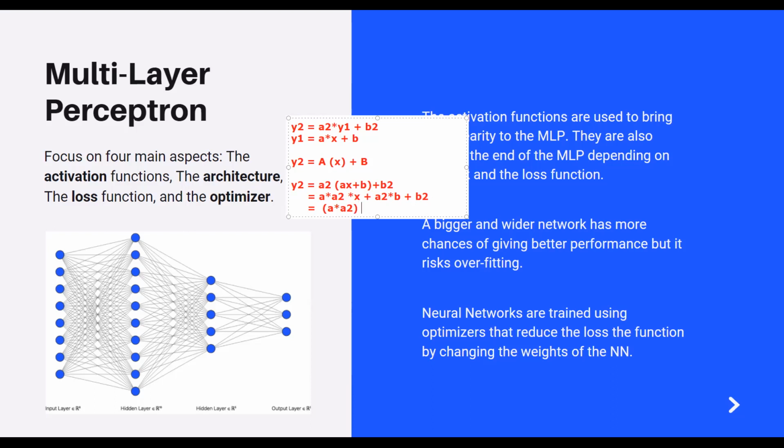So this is our first term, x, plus our second term, which is this one. And there you go. We managed to find that y2 is a linear function of x, meaning a combination of two linear regressions without any activation function always gives you a simple linear regression.